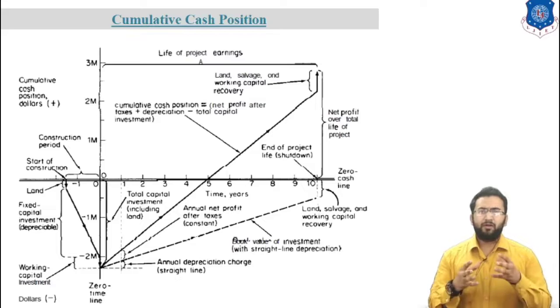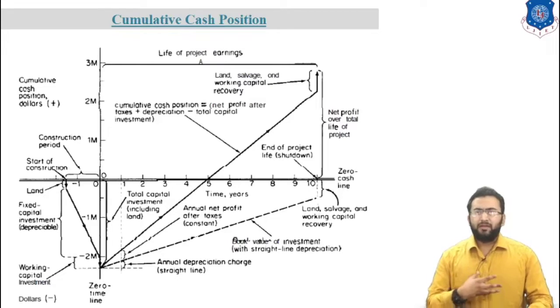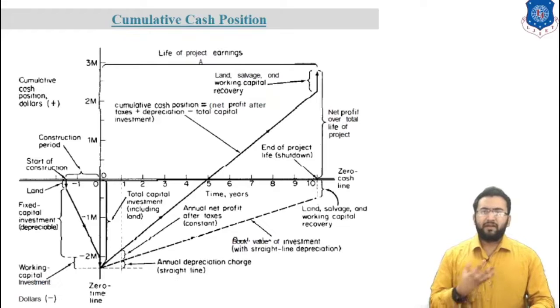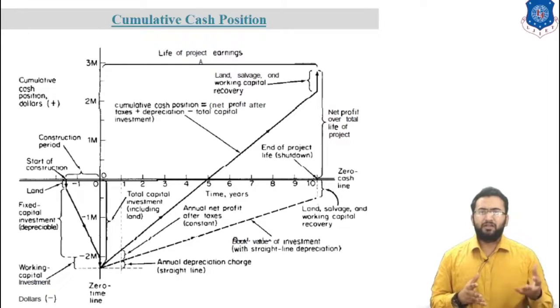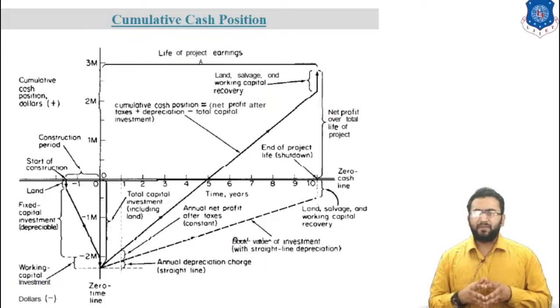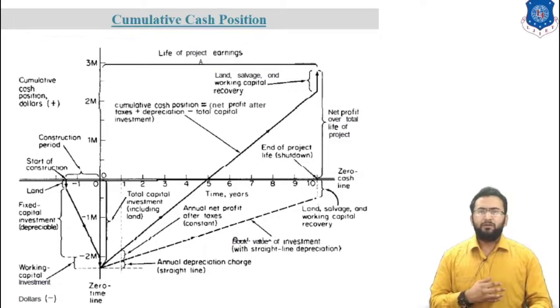The zero point on the x-axis represents the time at which the plant has been completely constructed and is ready for operation. The total capital investment at zero time includes land value, fixed capital, auxiliary investment and working capital. The cash position is negative by an amount equivalent to the total capital investment at zero time.